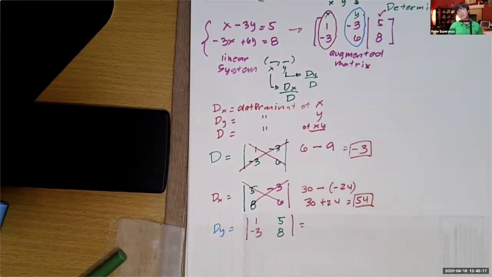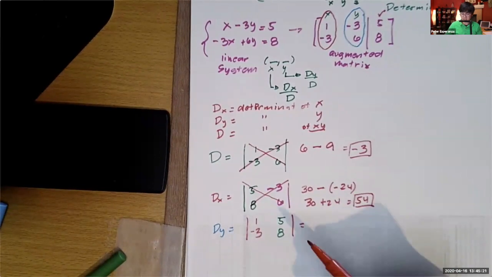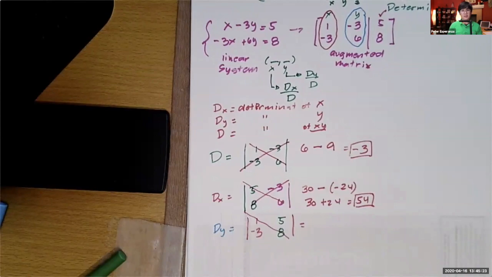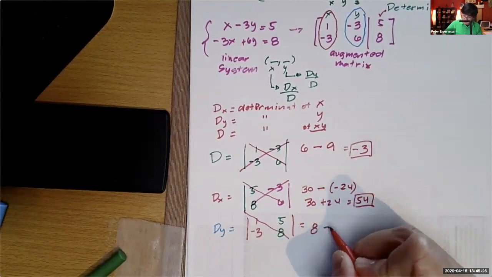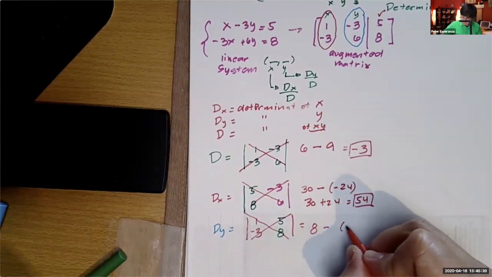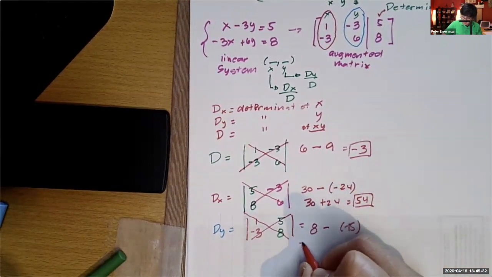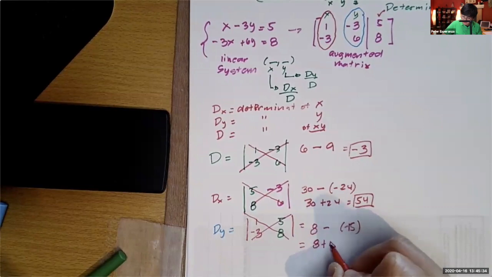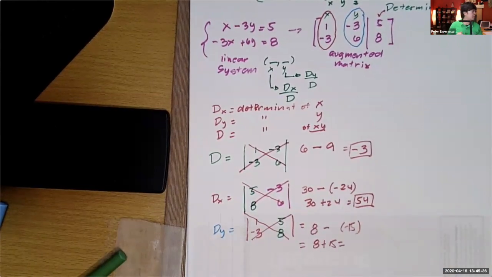There. And then we'll repeat the steps. We multiply the first diagonal: 1 times 8, minus 5 times negative 3, which is negative 15. So we have 8 plus 15.